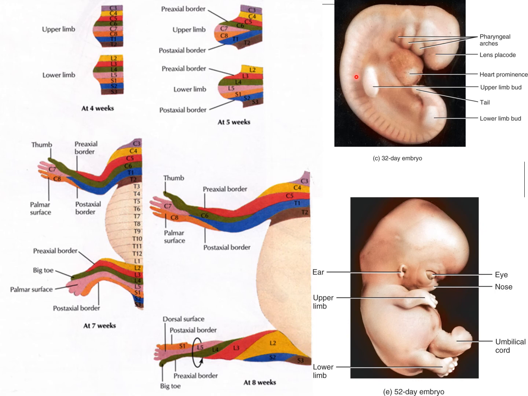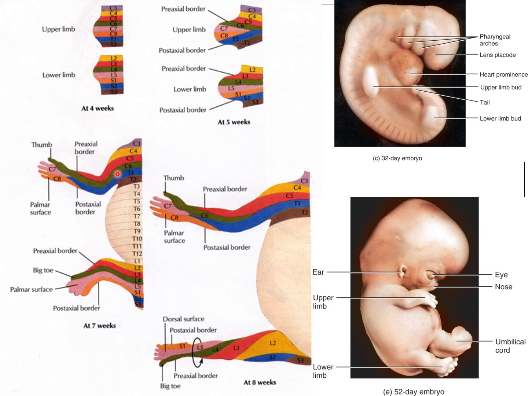As we have discussed, the border which is upward here is the preaxial border and this one is the postaxial border. As they develop further, the nerves move toward the preaxial and postaxial sides depending upon whether they are sent to supply the flexors or the extensors.